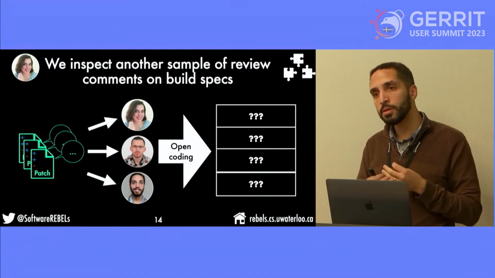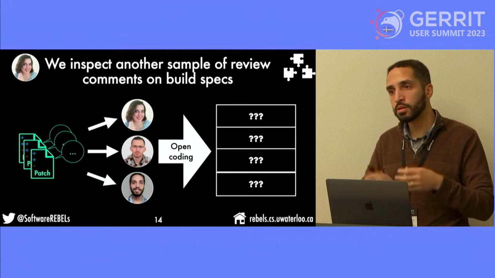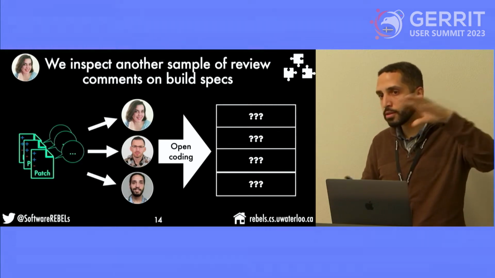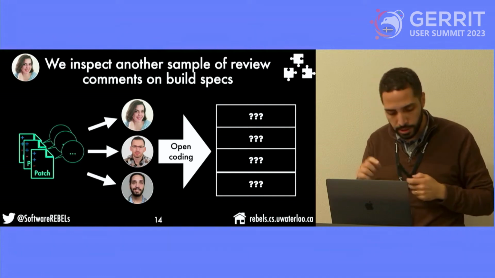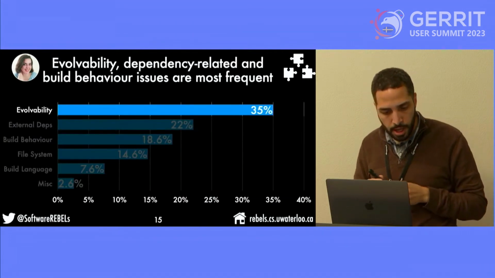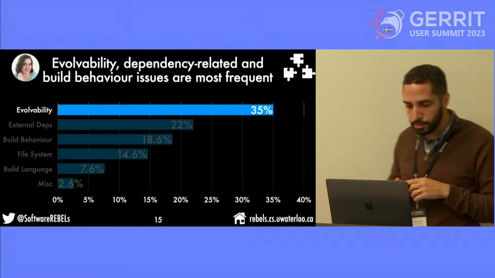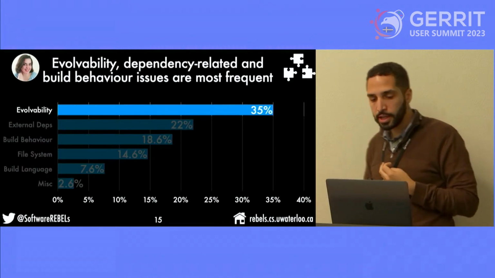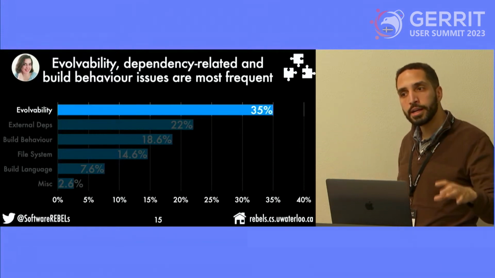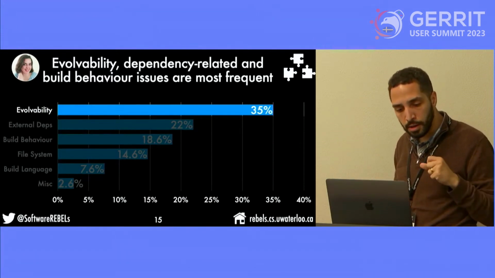And then after the open coding is complete, we do what's called card sorting to make a hierarchy. I'm just going to focus on the top level of the hierarchy, but I can talk to you guys more about details offline. So there are 6 different categories at the top level of the kinds of targets for these code review comments.